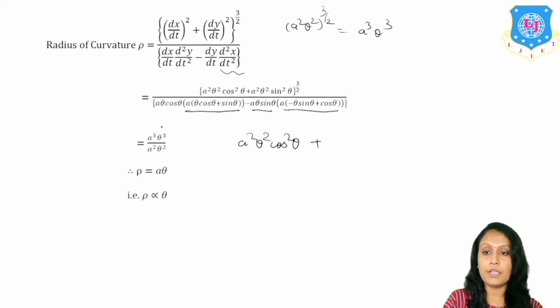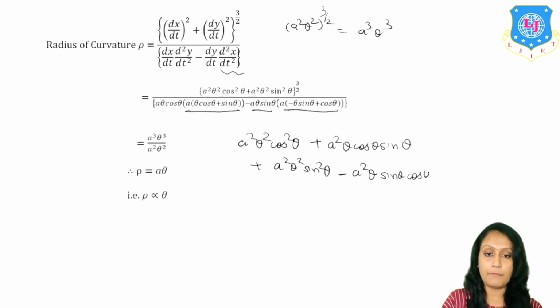Now over here we'll get a square theta cos theta sin theta. Now multiply this, so minus minus will become plus: a square theta square sin square theta. And over here minus a square theta sin theta cos theta. Now these two will get cancelled.